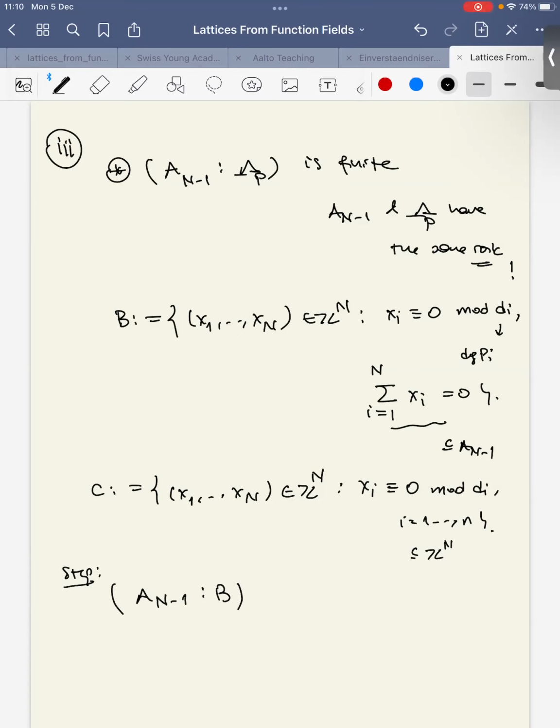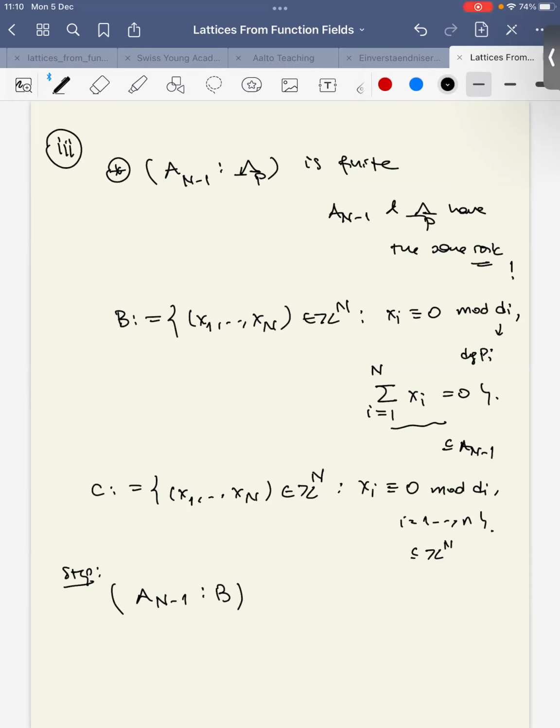Here we use the second isomorphism theorem. Actually, isomorphism theorems for vector spaces, but these isomorphism theorems hold for groups, rings, modules as well.